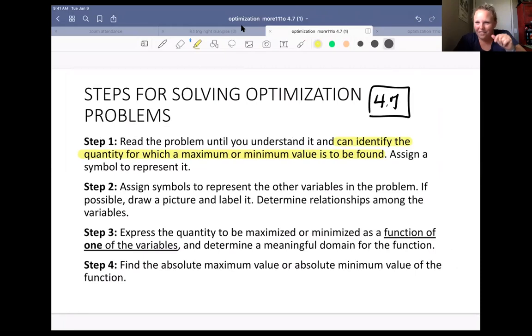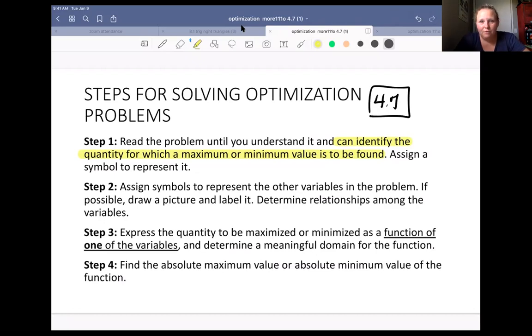And you don't really have to test stuff, because usually you only get one working number that is even helpful. And that's usually the answer. So there's not as much guesswork. But you're going to try to figure out, are you maximizing area? Are you minimizing cost? Those are the big ones. Minimizing distance? So you're either going to maximize or minimize something.